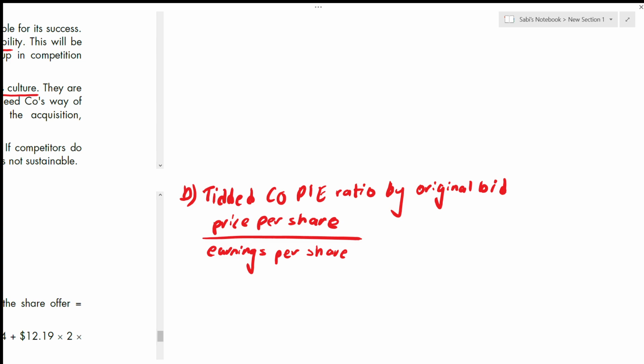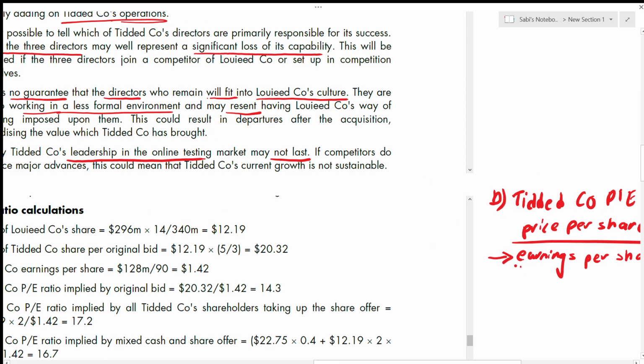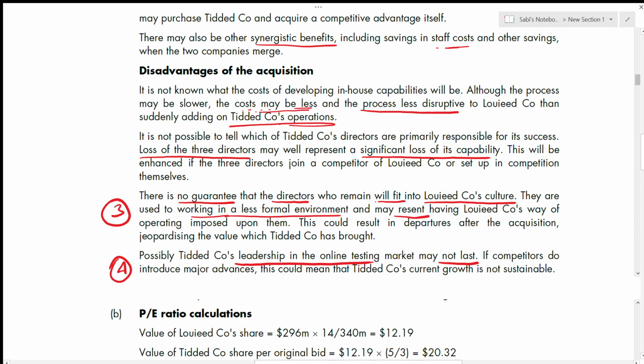Do we know the price per share? Or do we know the earnings per share? This is why I have told you. Now do you understand why we need this? Now do you know why we need this EPS, earnings per share, to calculate the PE ratio? Right? You need these two, price per share and earnings per share. Now I will take you through this. That's that question.